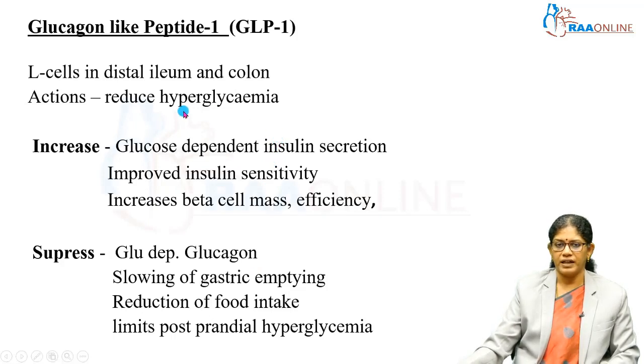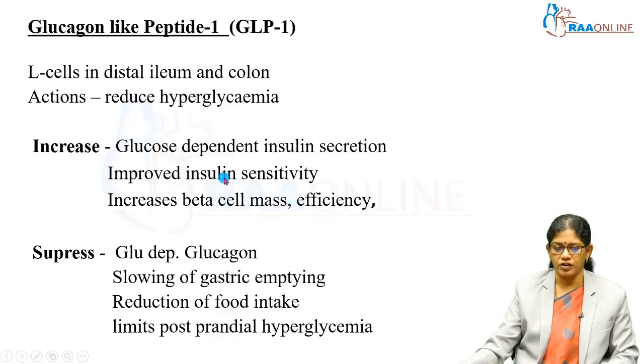They are secreted from L cells of the distal ileum as well as the colon, and their main action is to stimulate the secretion of insulin and reduce hyperglycemia. They increase glucose-dependent insulin secretion, improve insulin sensitivity, and increase the beta cell mass and its efficiency.